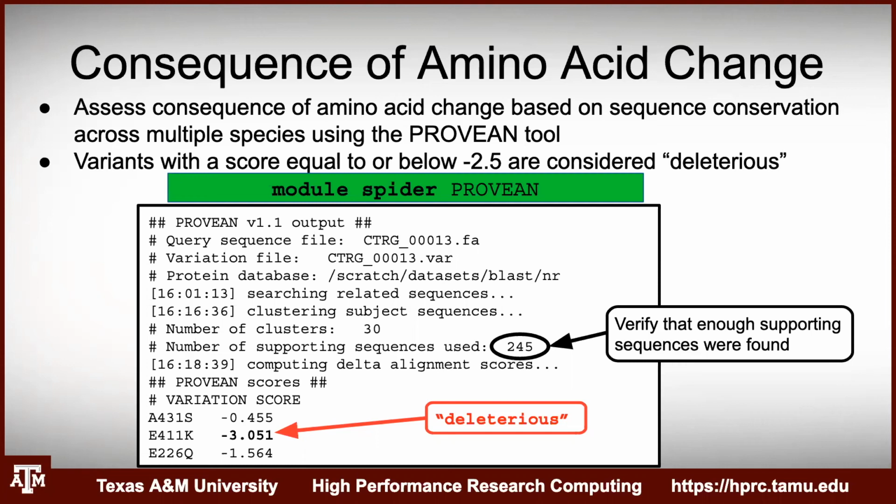With this tool, if you have a score below or equal to -2.5, it's considered deleterious, or harmful. Ones with very low scores are typically in positions that are highly conserved across species, so any change in there may have a considerable effect on the function of the protein. So Provean is one good tool for that.